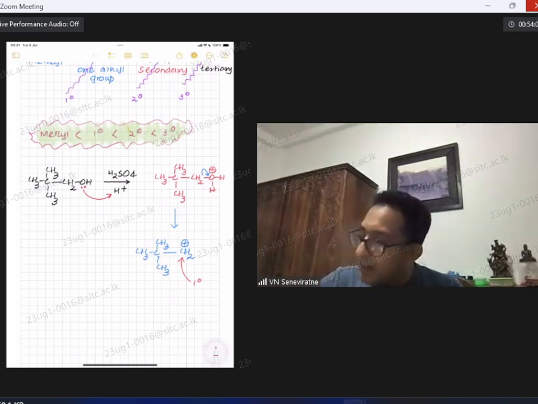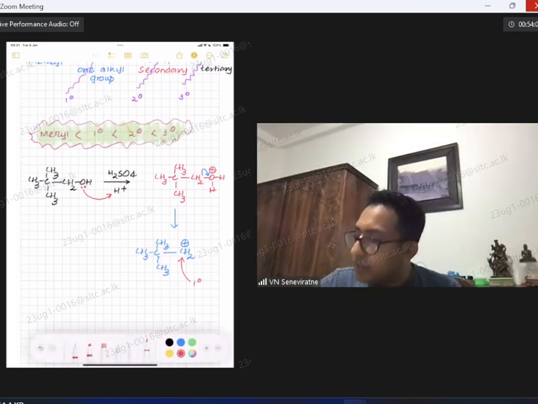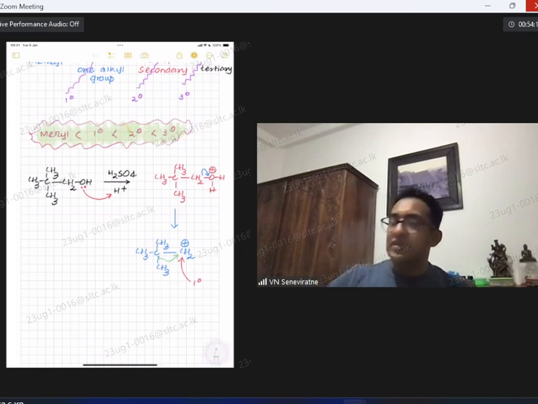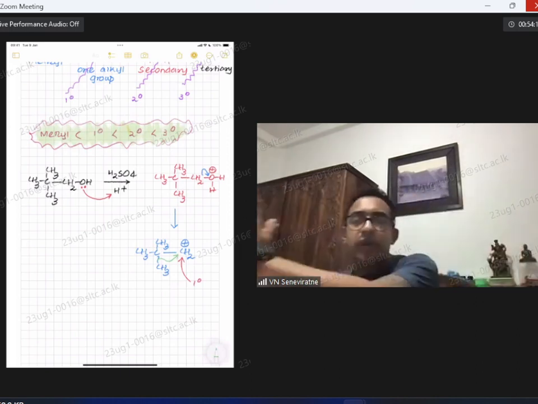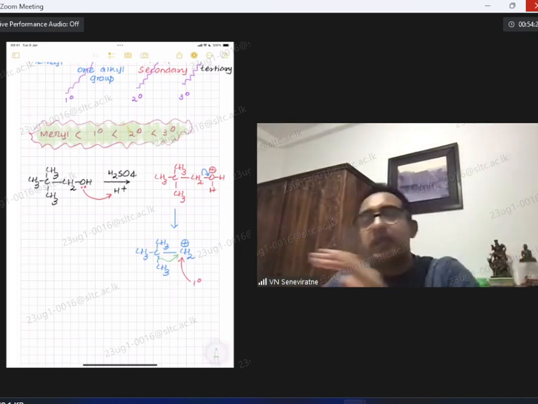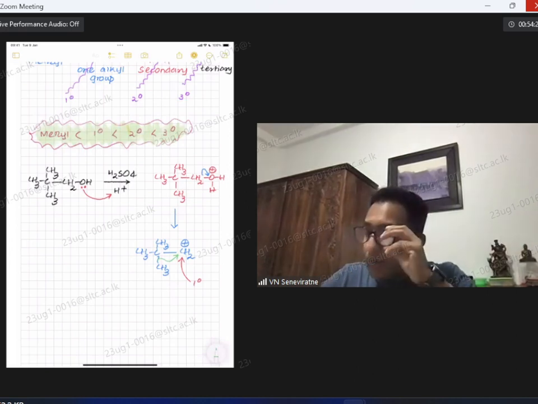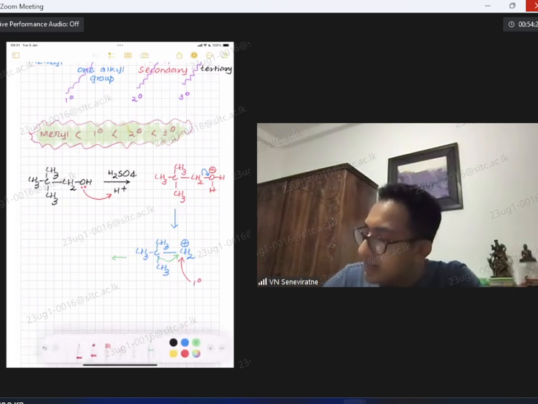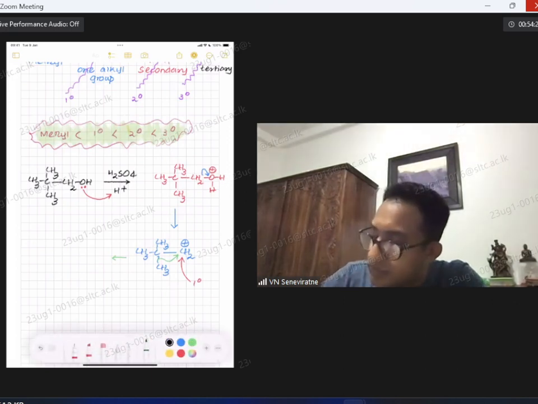But then what will happen is now the molecule decides to change its structure, right? The molecule decides to make a CH3 shift. CH3 from this carbon to the next carbon, it decides to shift. Now you might wonder why. Why does it shift? We will see. Let us shift the molecule and see how this is going to work.